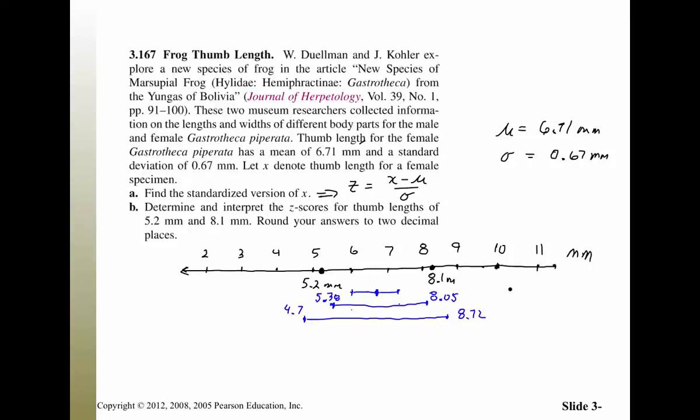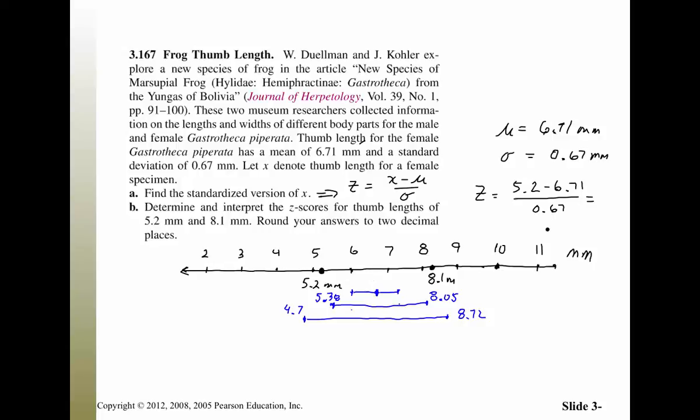Okay, so now let's get the adjusted scores and see what these mean. If we use z equals 5.2 minus 6.71 all over 0.67, what do you get? Negative what? No, that's not right.